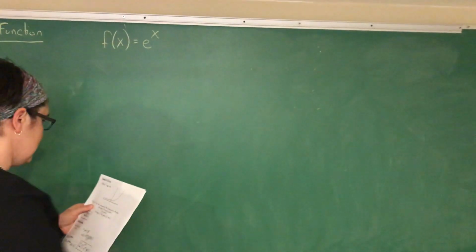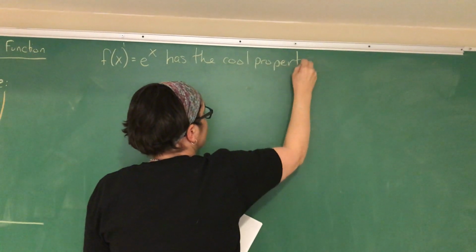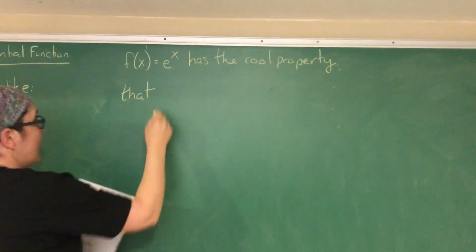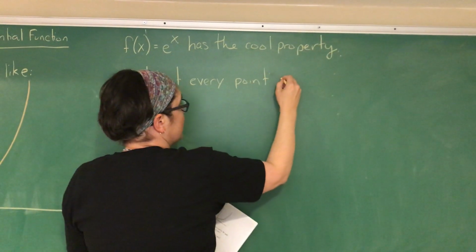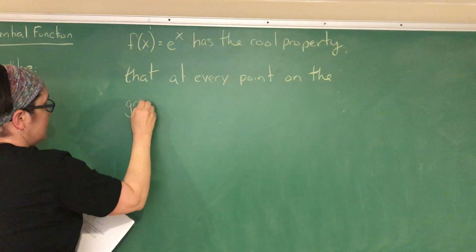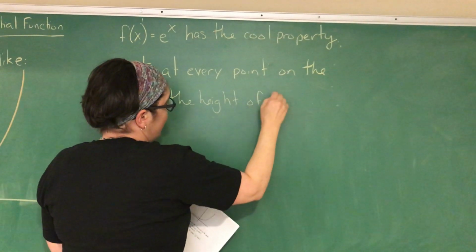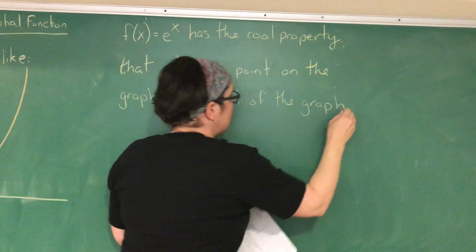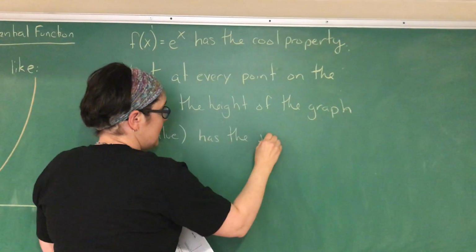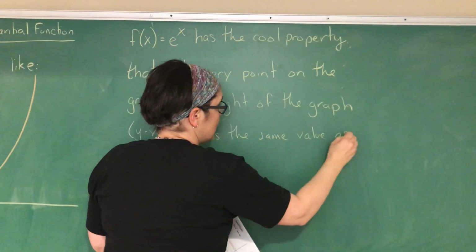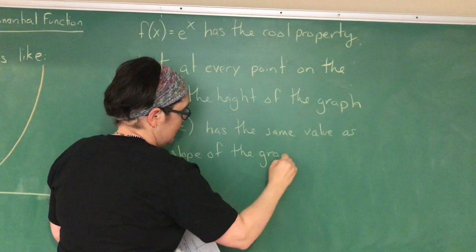So f of x equals e to the x has the cool property that at every point on the graph, the height of the graph, meaning the y value, has the same value as the slope of the graph.